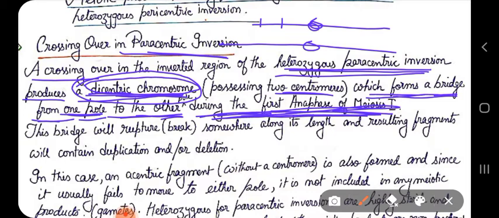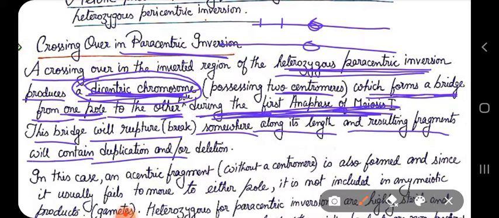Obviously, this bridge will not remain for a long time because the spindle fibers will try to migrate the two chromosomes to the opposite poles. So the bridge will eventually rupture, it will break somewhere along its length, and it will result in fragments that will contain duplication or deletion, or both, as we have seen in pericentric inversion, that when crossing over occurs in heterozygous pericentric inversion, the chromosomes have duplicated segments and deleted segments as well.